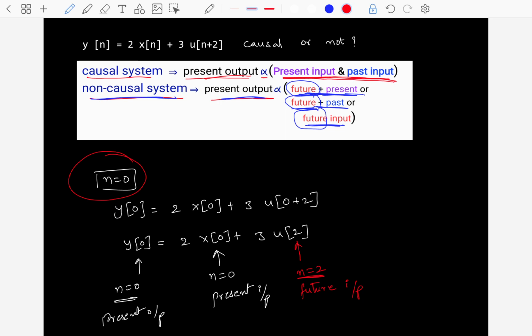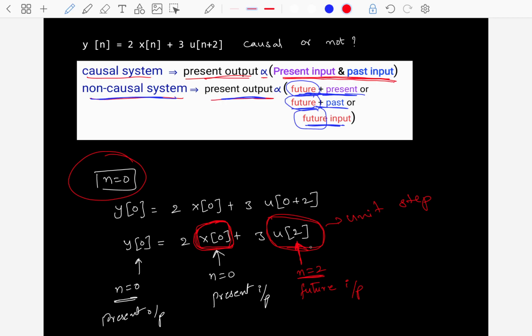But by seeing carefully, this is wrong because u of 2 is a unit step function. This is not an input. We need to concentrate only on the x values, whether x of 0 or whatever it may be. This u of 2 is not an input.